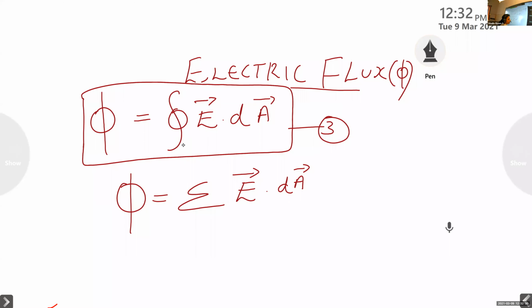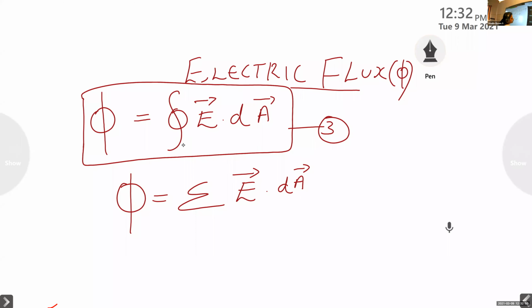Anjani, how can we calculate this electric flux? Phi is equal to vector E into vector A. What are vector E and vector A? Electric field vector and area vector. Okay, very good.